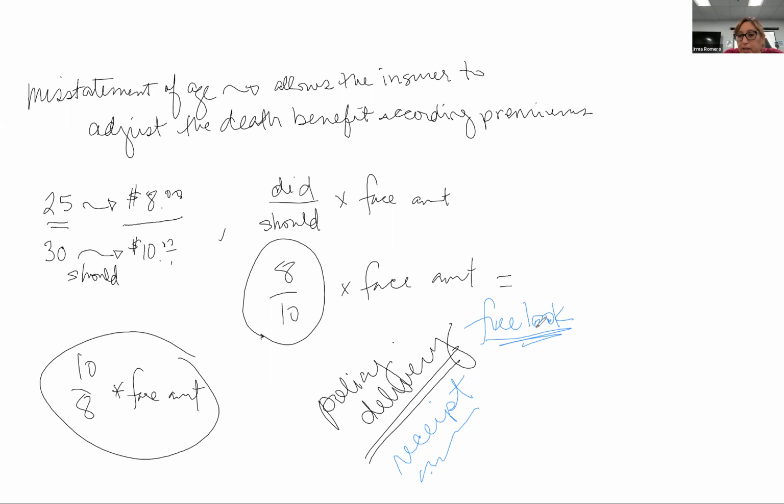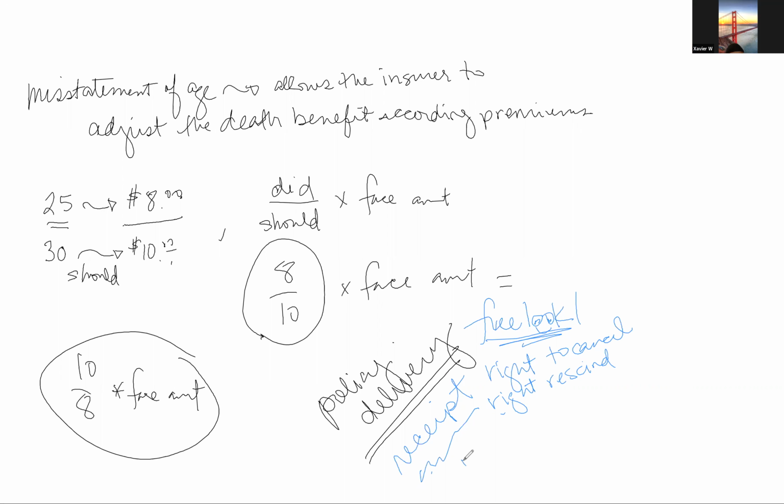The free look period is also known as the right to cancel, or right to rescind. It's all the same. In life insurance, when you deliver the policy and you get that receipt, it gives the insured, the policy owner, a period of time to evaluate the policy, and they can return the policy for any reason.